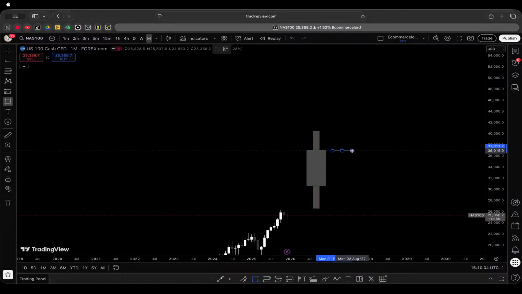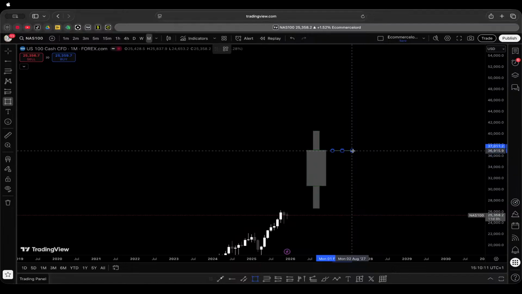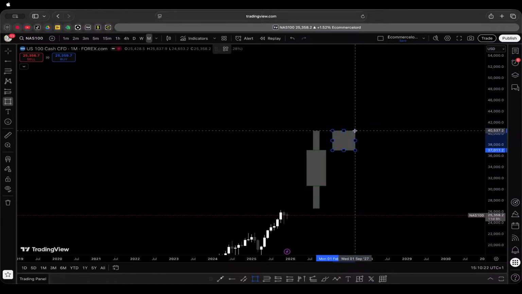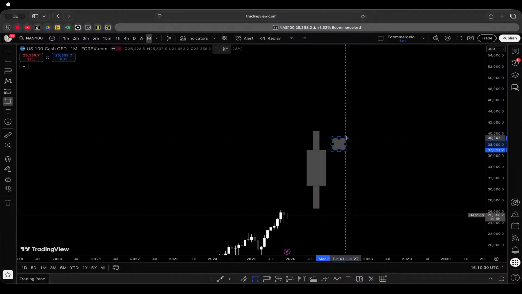As it opened, there were people trying to push price further up. They came into the market and tried to regain the power and continue moving price up well above this wick, but they weren't successful.